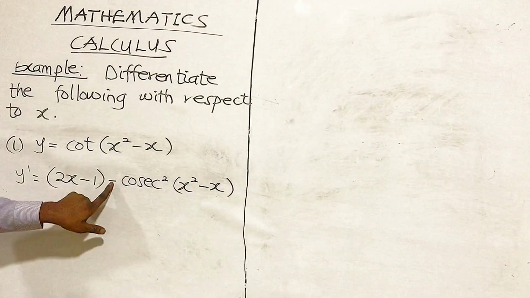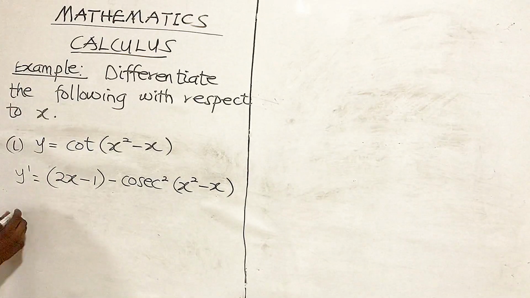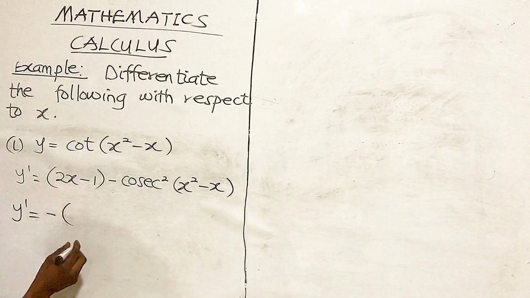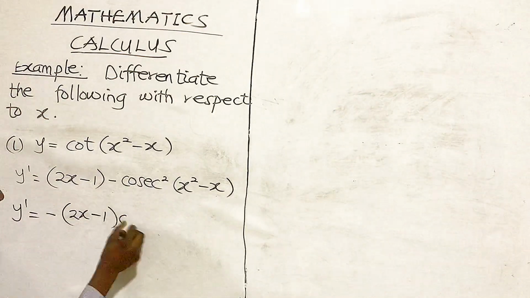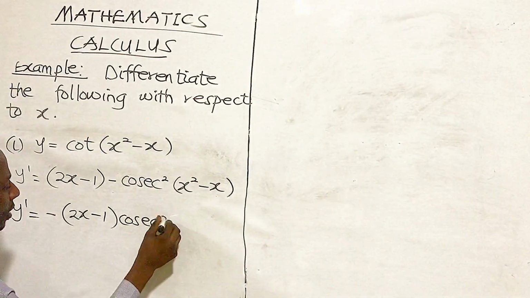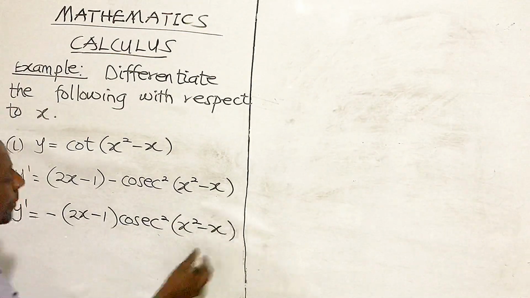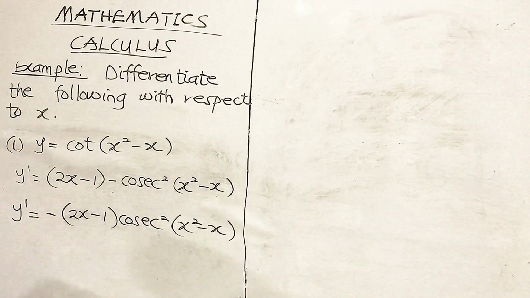And from here, because of the negative, I will bring it in front, which is y prime equal to negative bracket open 2x minus 1 cosec squared multiplying x squared minus x. And this is the final answer.